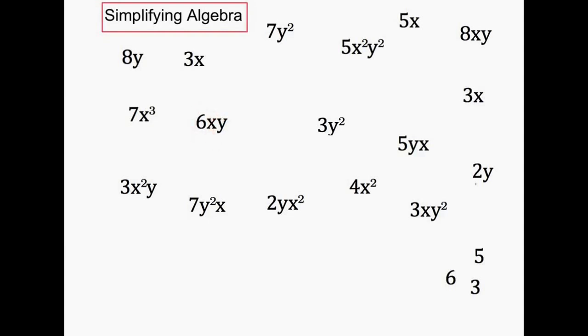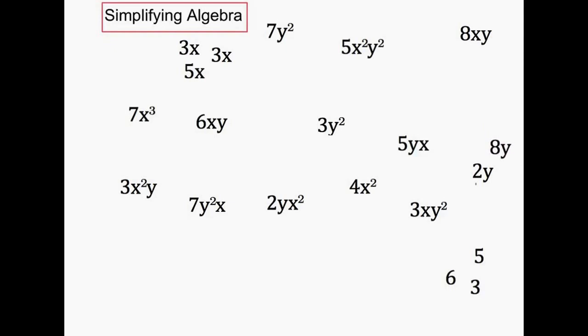So that makes that different. We're going to put together the things that are alike, so I'm going to put the 3x and the 5x together. And we could combine them, we could add them together, and it would be simpler than writing them all separately. We can do the same with the y's. So we have 2y here, and we also have 8y here. I can put those together, they are alike.